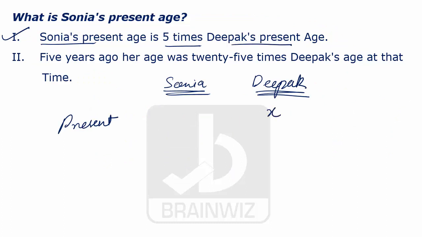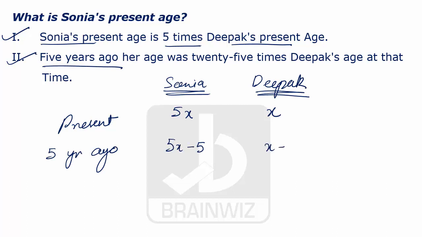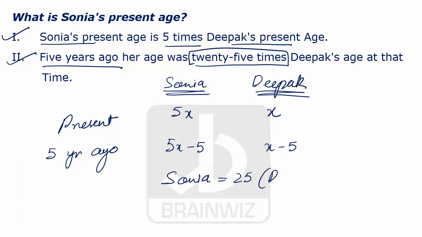Let Deepak's present age be X. At that point of time, Sonia will be 5X. Now using the second statement, 5 years ago Sonia was 5X minus 5 and Deepak was X minus 5. And we see the relationship that Sonia's age is 25 times Deepak's age.